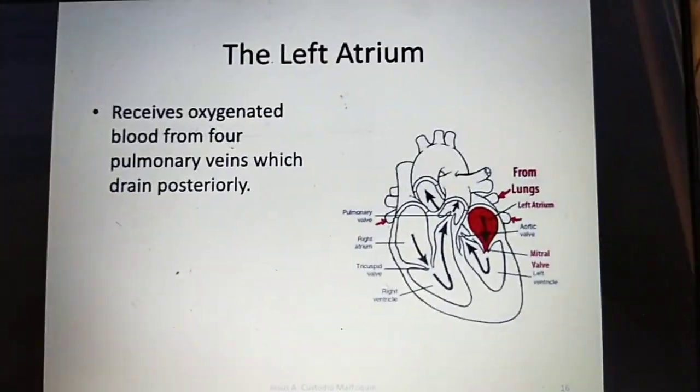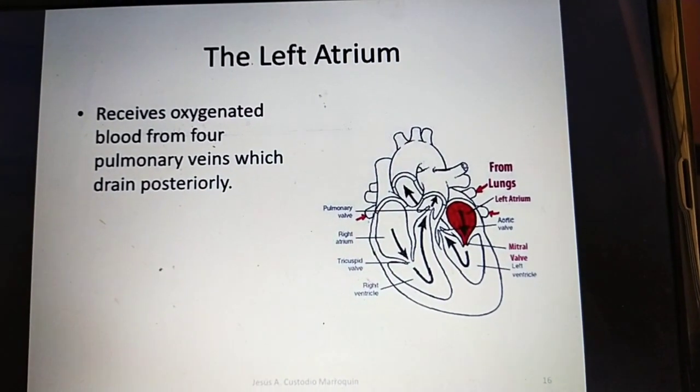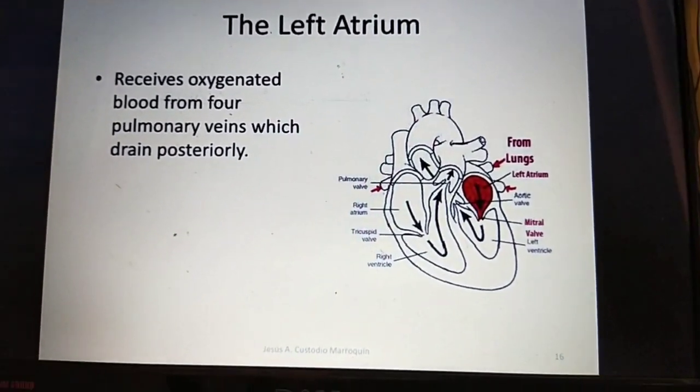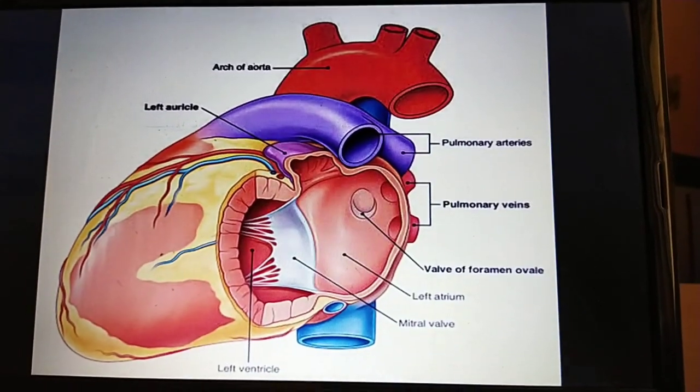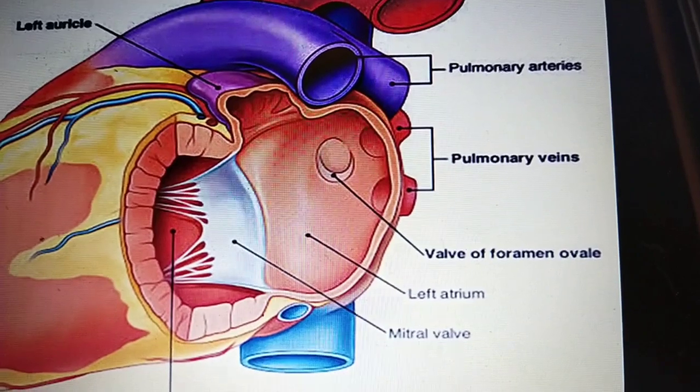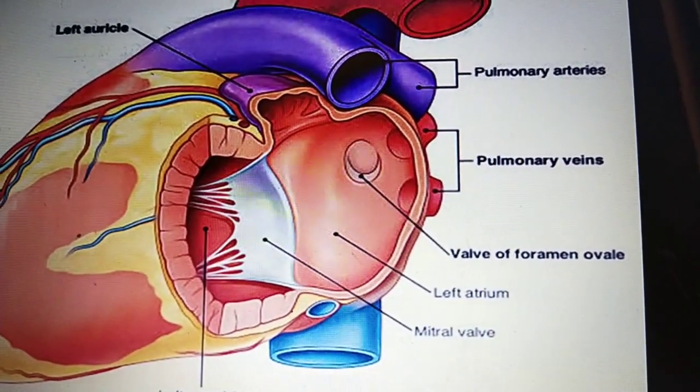Now we can go to the left ventricle. The left ventricle receives oxygenated blood from the four pulmonary veins, which drain posteriorly. You can see here the structures of the left atrium.